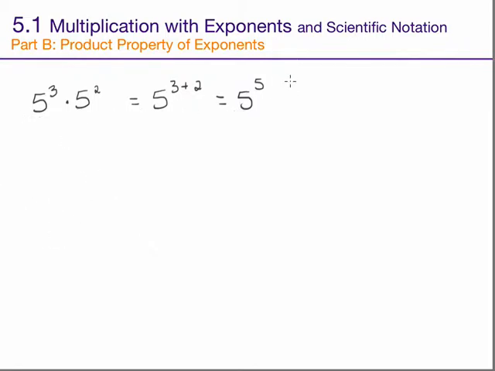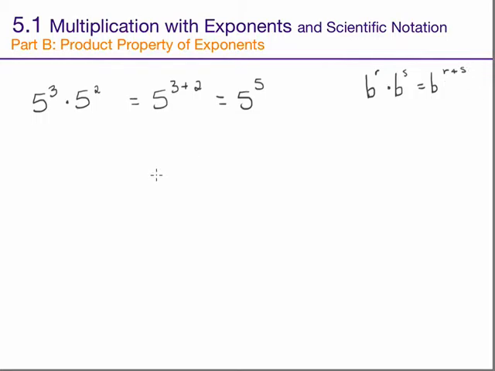So the shorthand for a base to one power times the same base to another power is the base to the sum of the powers. Add the exponents. Remember that this really means multiplication. And this is multiplication too. So this many copies and this many more copies is this many copies.